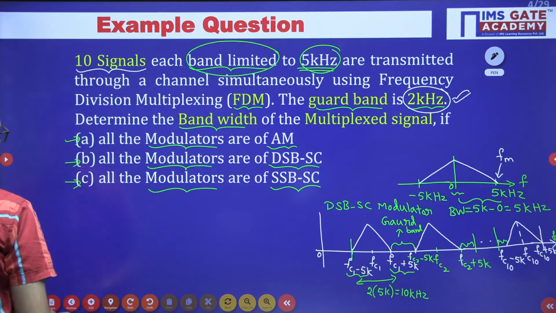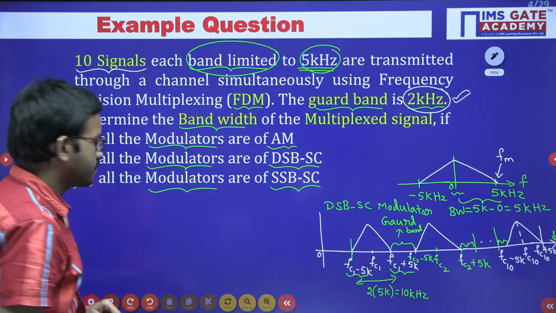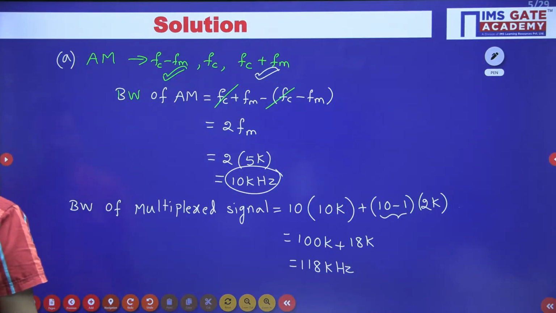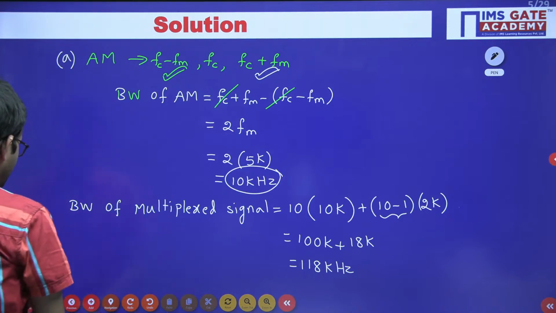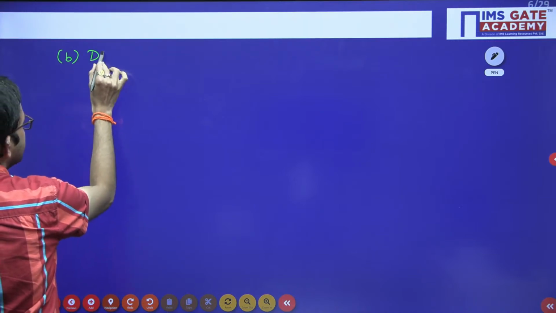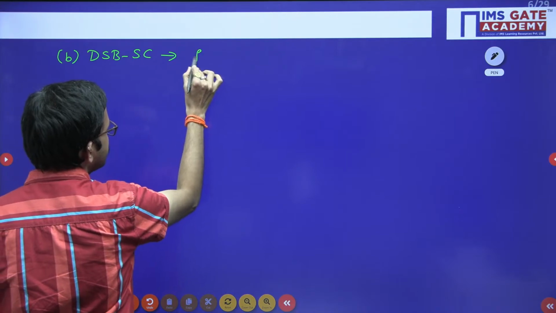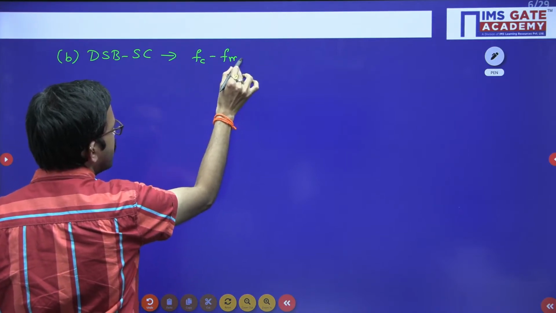Similarly, if you consider all the modulators are DSBSC, then what will be the answer? All of you give it a try. So for a DSBSC signal, you will get the frequencies FC minus FM and FC plus FM.